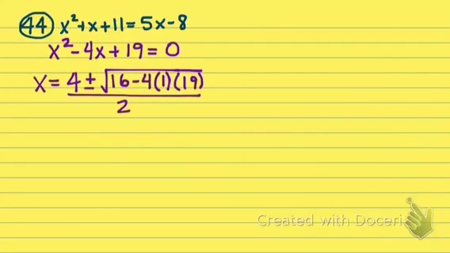Well then, clean up our discriminant on the inside there. 16 minus 4 times 1 times 19. 4 times 1 times 19 is 76, so when I subtract that from 16, I get negative 60.